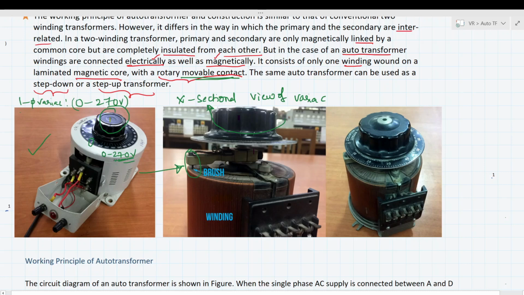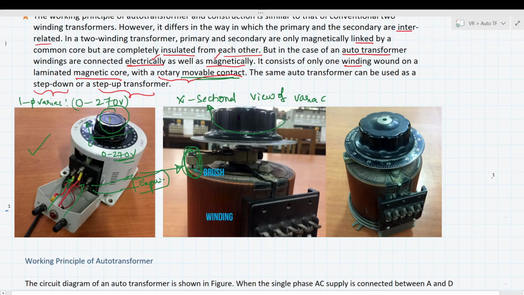This is used to supply any equipment in the laboratory. We first supply voltage to this variac, take the output from it and connect it to the experiment. So it is like a variable voltage source. We can change this knob to get the required voltage from the 0 to 270 range. This is the cross section view.